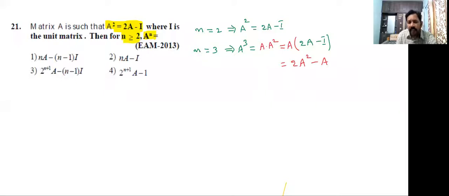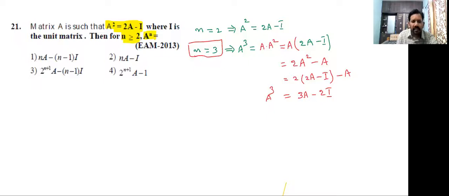Again here A square is there, 2 into the A square value, 2A minus I, minus A. Overall calculate: 2 twos are 4, 4A minus A, 3A, so 3A minus 2I. This is what we get if you take n value 3.